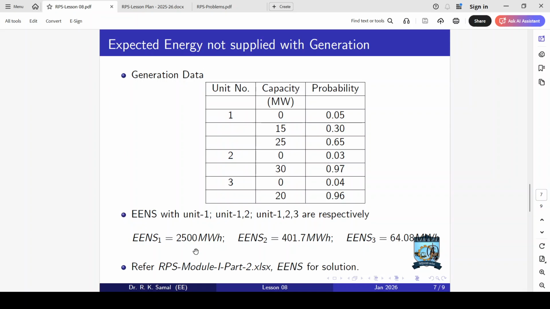So the answer is, with no units, ENS, okay, unit 1, that was not there in the question. So with unit 1 only, this is the total energy requirement, or not supplied. ENS2 is this, ENS3, with 1 unit, with 2 units, with 3 units. So the real solution will be available in the Excel sheet.